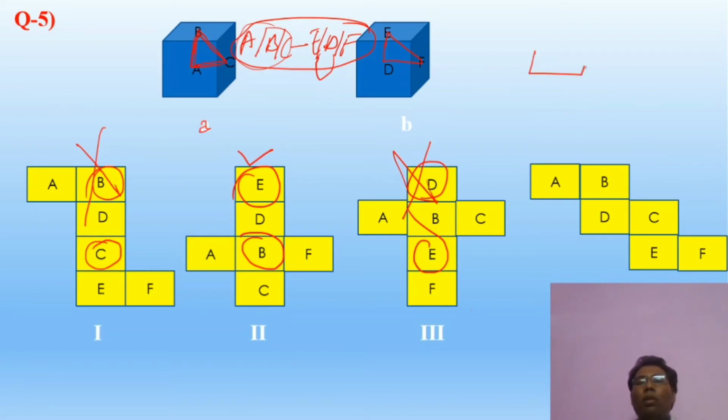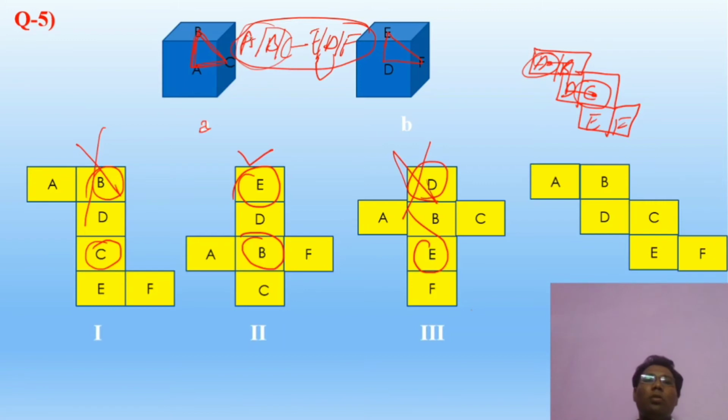And this figure I am drawing here for you. Opposite to A is C. We apply the Z method. Opposite to A is C, which is not possible. So our answer is the second one. Check the answer. Answer is second. I hope you understand this.